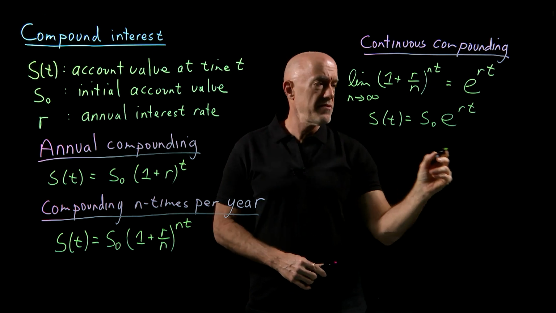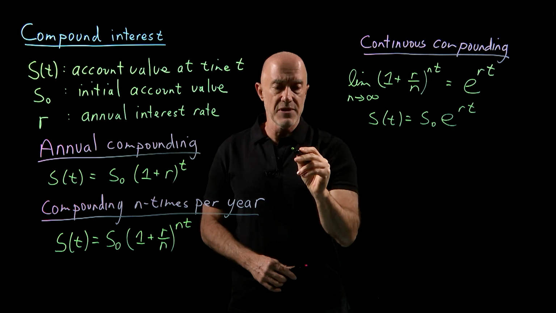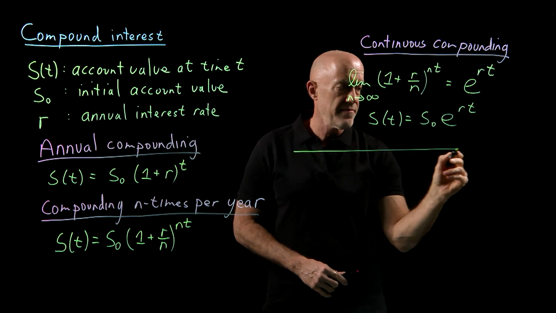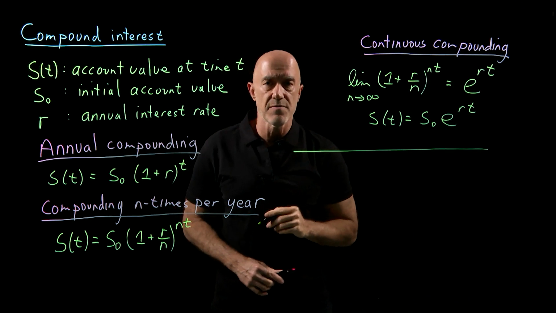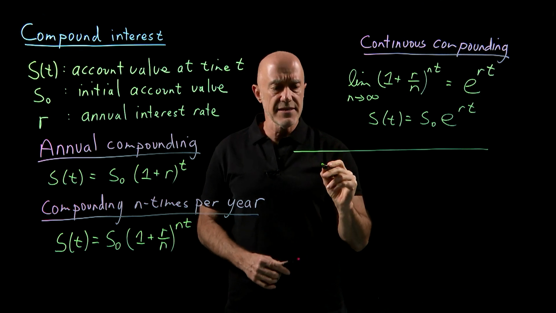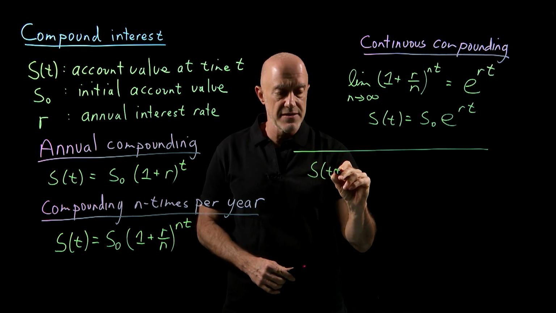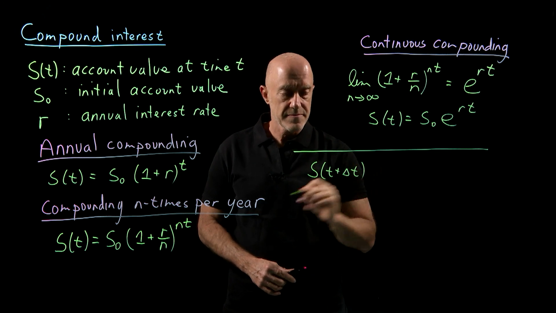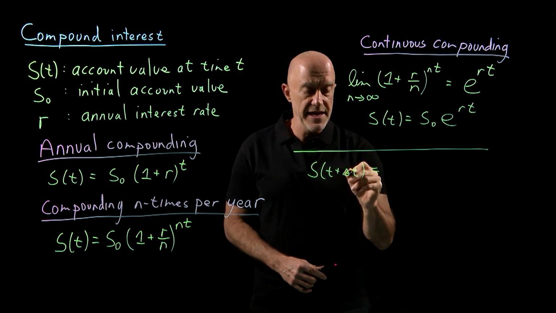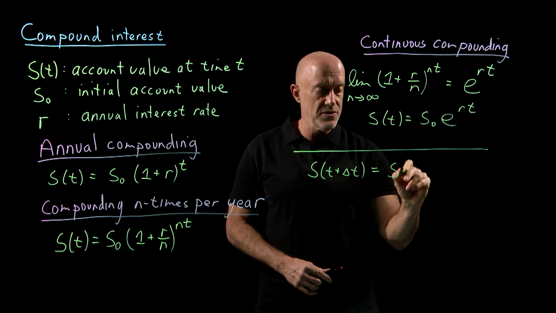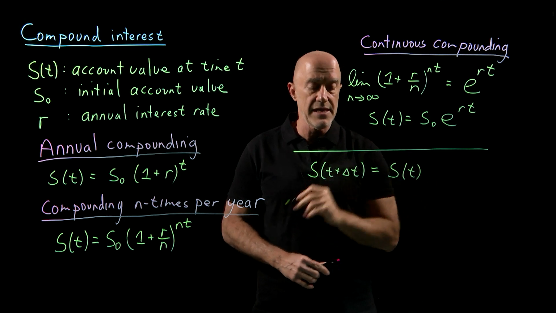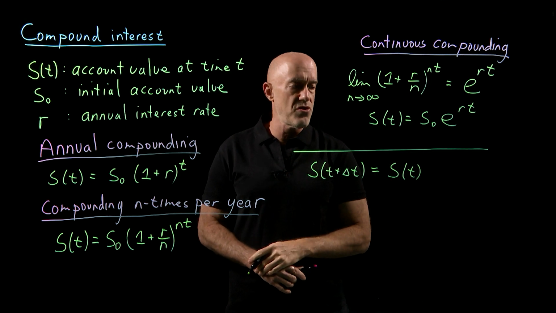There's another way to obtain this, perhaps a little bit more sophisticated, but we know how to do it now from calculus. We can ask how much money is in the account at a time t plus delta t. The amount of money in the account at that time is equal to the amount of money at time t plus the interest that you're rewarded.